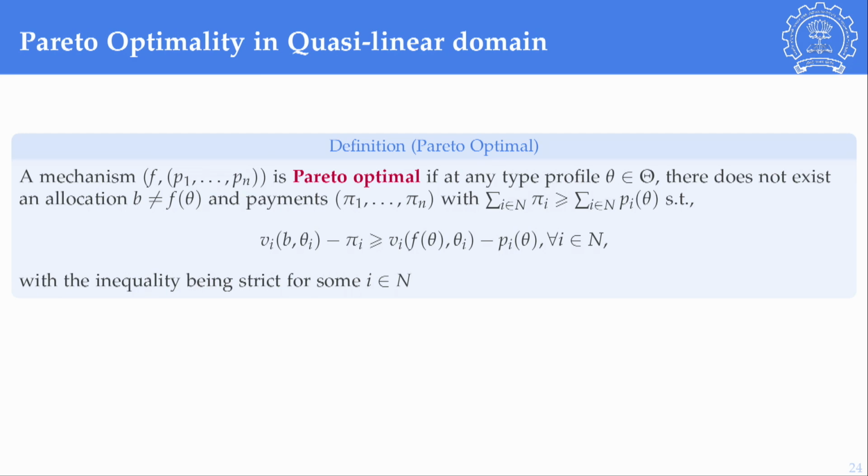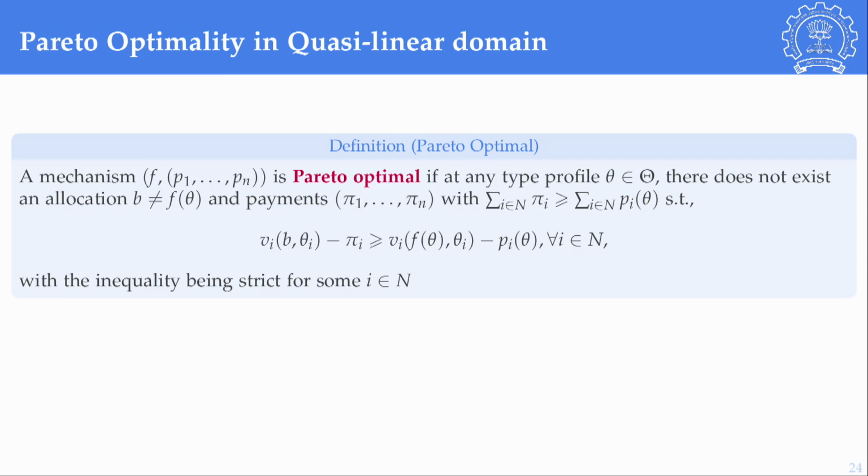Can we actually have, if I do not have, so at this point do not look at this part, can we actually have any mechanism to be Pareto optimal in that case? In other words, the question is, can we always come up with some b and pi such that, you give me any f and p, I will always beat and find a Pareto improvement on that.